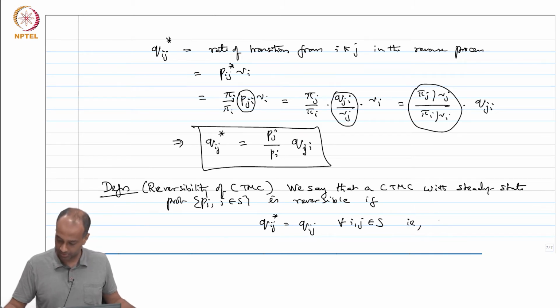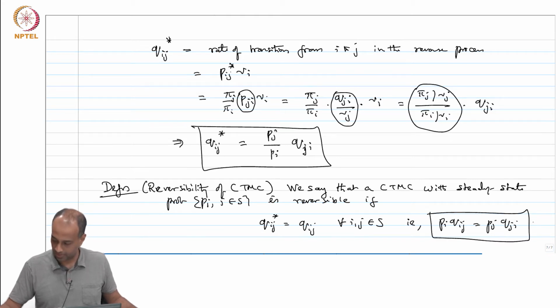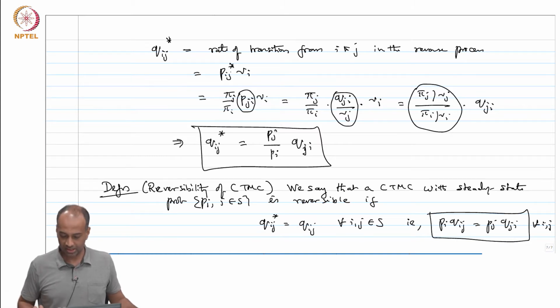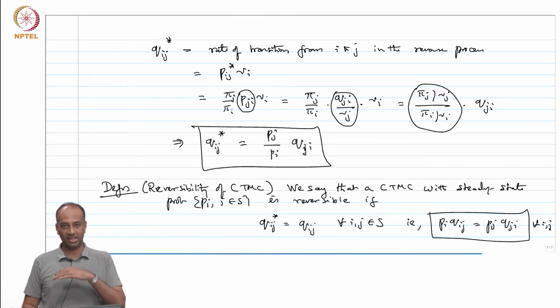That is, P I q I j is equal to P j q j I for all I, j. So, this is a definition. You say that a CTMC is reversible if the forward transition rates q I j and the reverse transition rates q I j star are equal for every I, j.